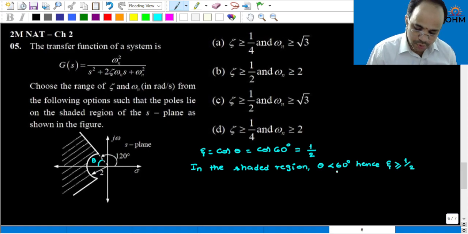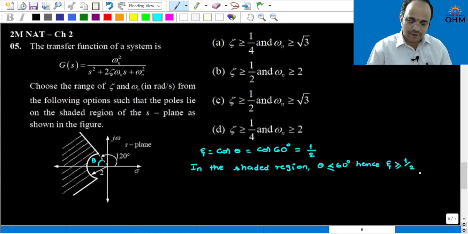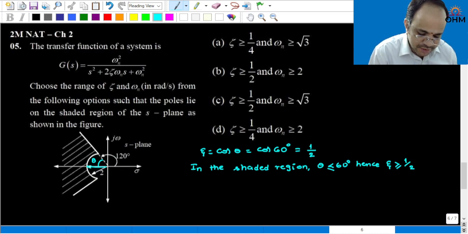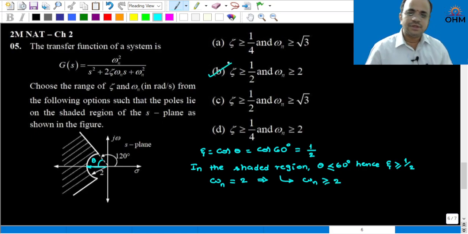Okay. So, in the shaded region, theta is less than or equal to 60 degree, hence zeta is greater than or equal to 1 by 2, and this particular phasor distance will be omega n is equal to 2. Therefore, in the shaded region, omega n is definitely greater than 2, and hence option B is the correct answer.